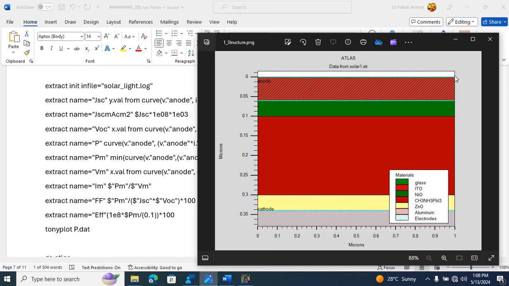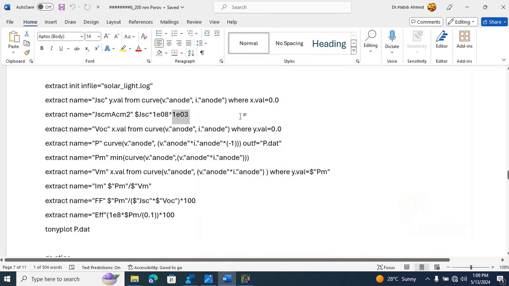But actually this structure has a third dimension as well, which we are not able to see over here right now. By default, there is a Z dimension in Silvaco TCAD codes as well, even if we are working with two-dimensional structures. And by default, the value of the Z dimension is 1 micrometer, unless you set it to some other value, for which we have the luxury.